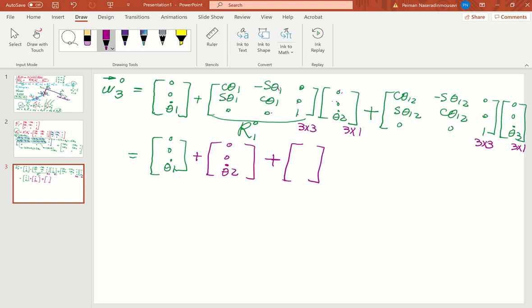If you do that, I'm just skipping it because it is trivial. So the end effector angular velocity for this 3D planar robot is the summation of all angular velocities.